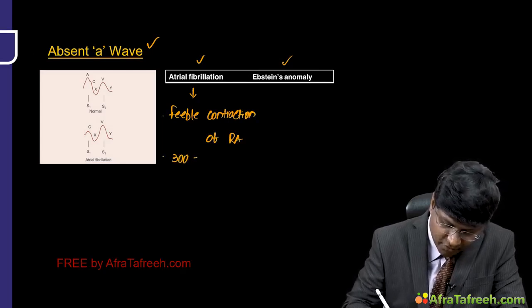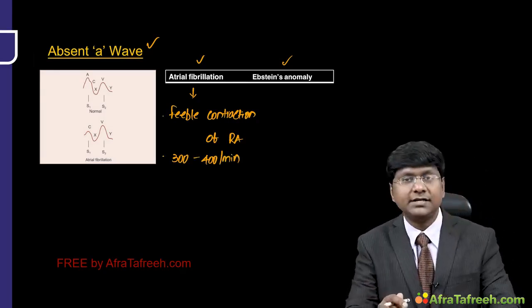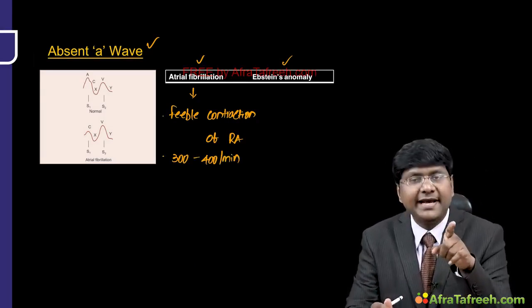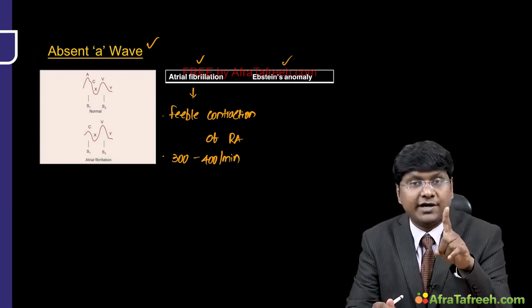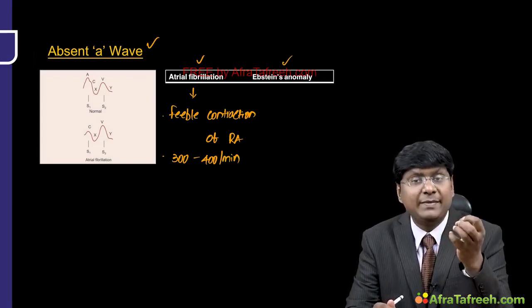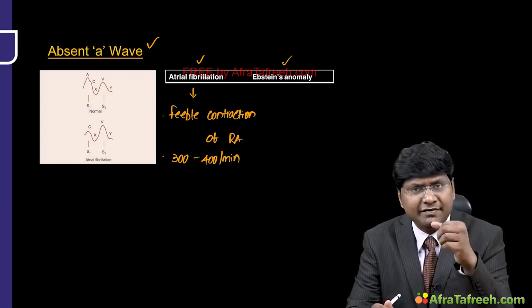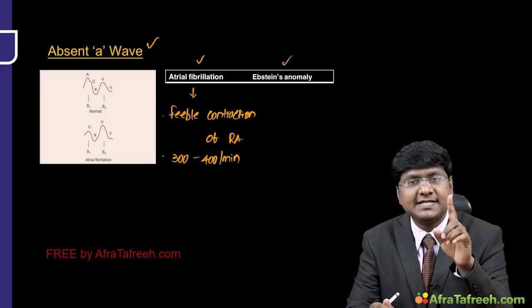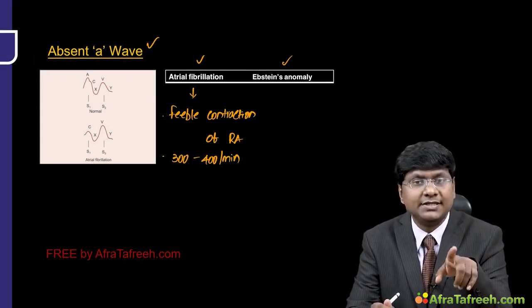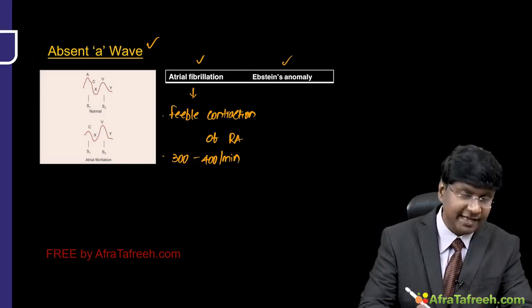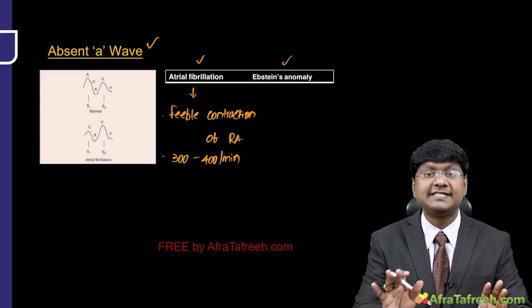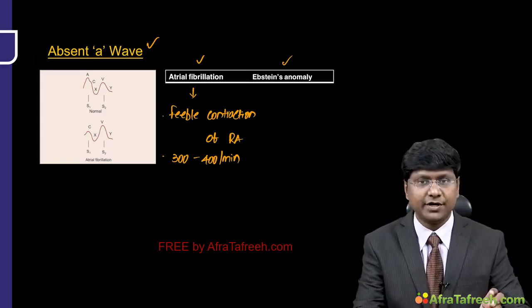The rate of atrial contraction is around 300 to 400 per minute, right? Now when atria is contracting at a rate of 300 to 400 per minute, what will be the intensity of the atrial contraction? It will be a feeble atrial contraction. Once there is a feeble atrial contraction, the right atrial pressure is not elevated, and thereby you will have no A wave. There is absent A wave.